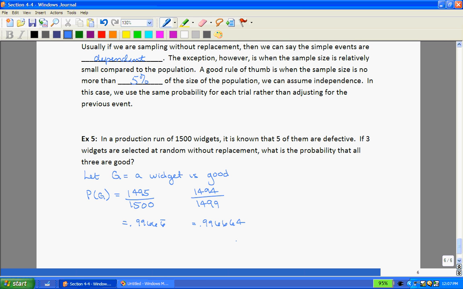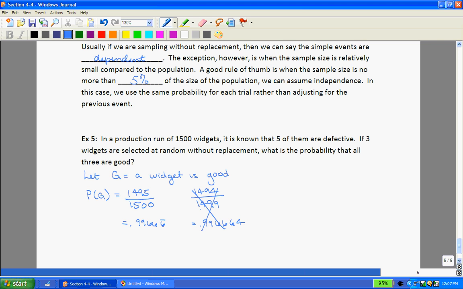But notice how small the difference is. It's not until the fifth or sixth decimal place that we even have a change. So because that's so small, we don't bother to keep saying, okay, and then on the third trial, 1,493 over 1,498. It's too small and it makes the calculation cumbersome.